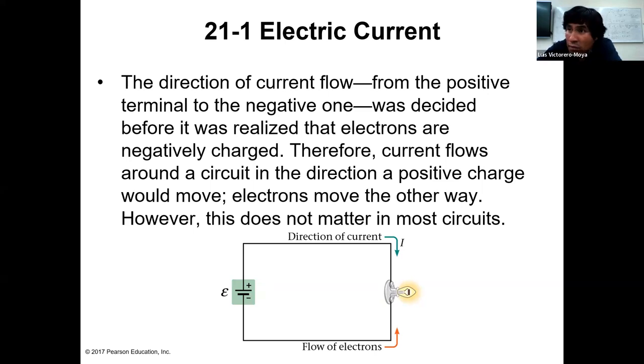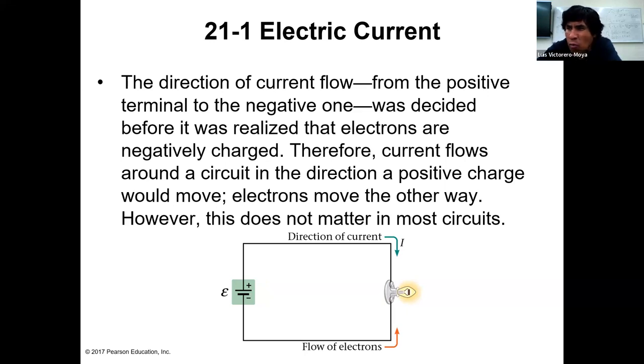So it doesn't make sense that electrons will leave the positive terminal of a battery. It makes more sense that current is actually in the red direction. However, the convention was built based on the green direction, so we just use that.